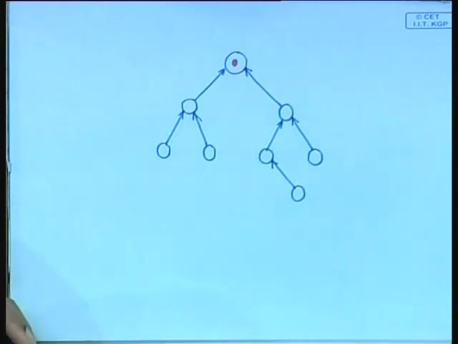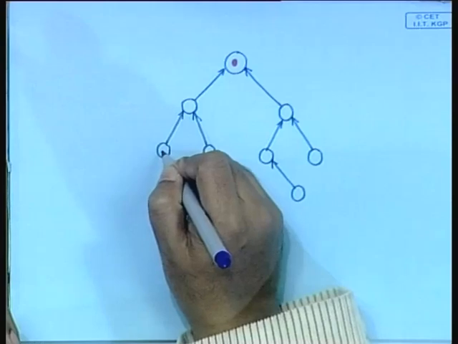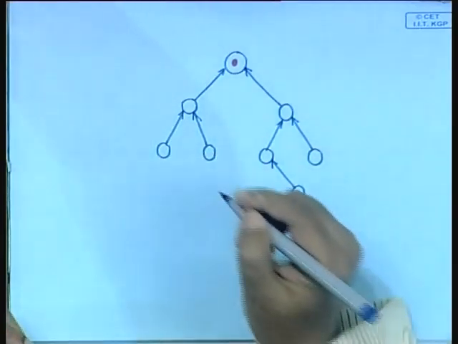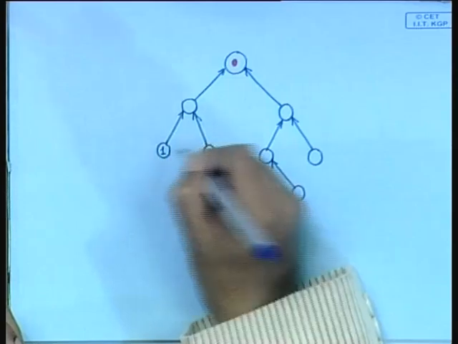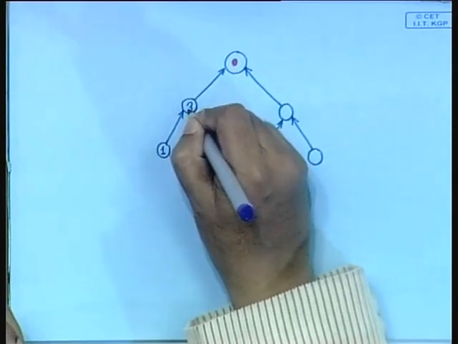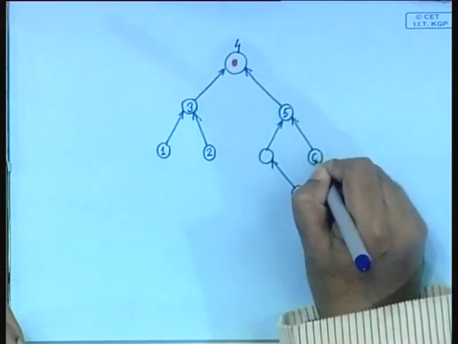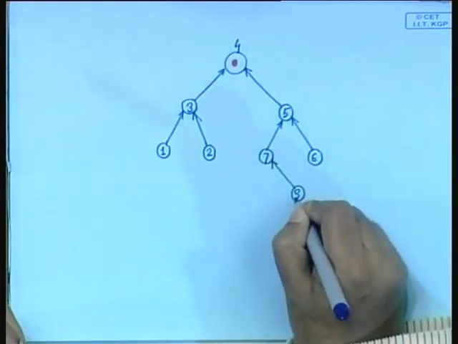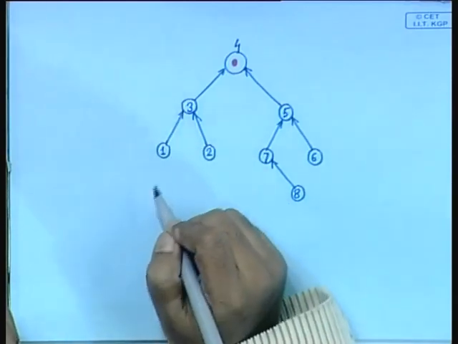Now, let us say that we start by saying that this node makes a request. Okay. So, let me number these nodes. This is 1, 2, 3, this is 4, 5, 6, 7 and 8. So, let us say 1 makes a request.